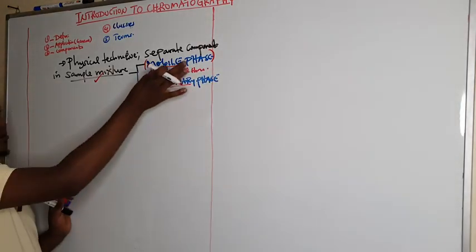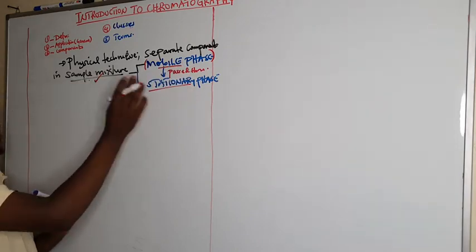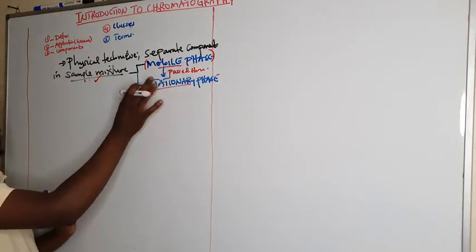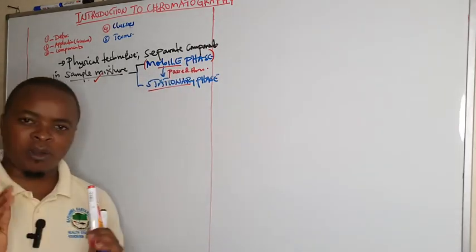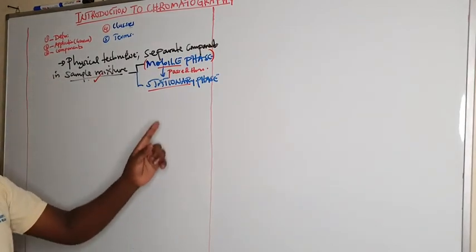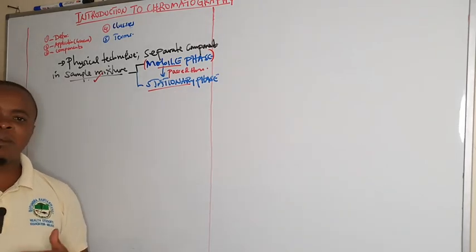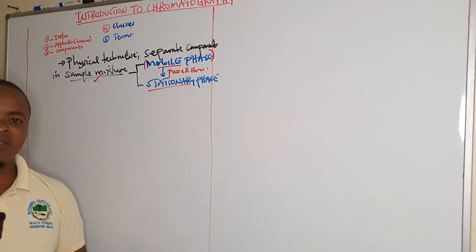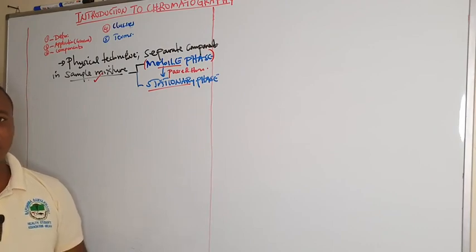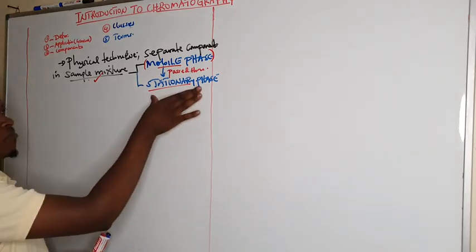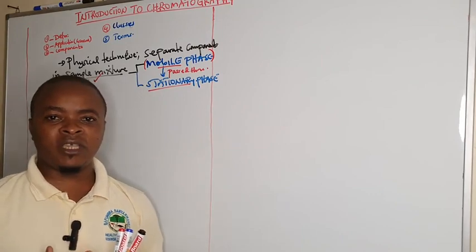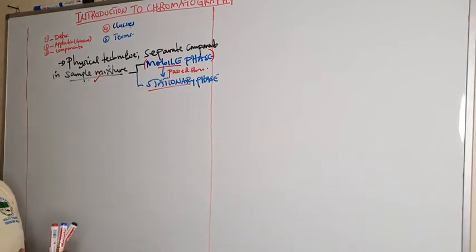And as this mobile phase containing the sample mixture is passing through the stationary phase, the difference in interaction of compounds in the sample mixture with the stationary phase will enable us to separate these components so that we can purify them and quantify. And we shall look at different mechanisms of how solutes interact with the stationary phase and how we are able to classify depending on their interaction.